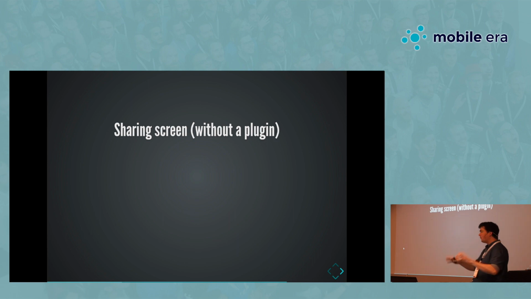And this is something completely new. Now we're getting screen sharing without a plugin. If anyone's tried WebRTC, you have probably seen that you can't get the user's screen without a plugin. But now we can, and this is so new, you can't find any good documentation on it at all on the web.